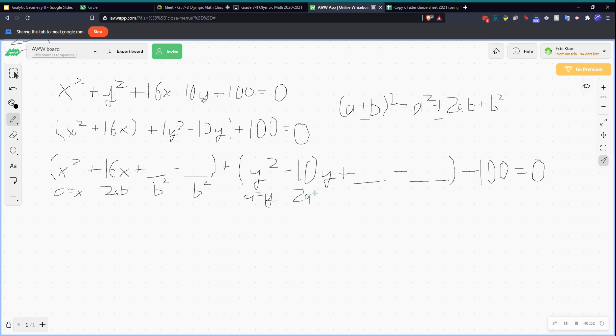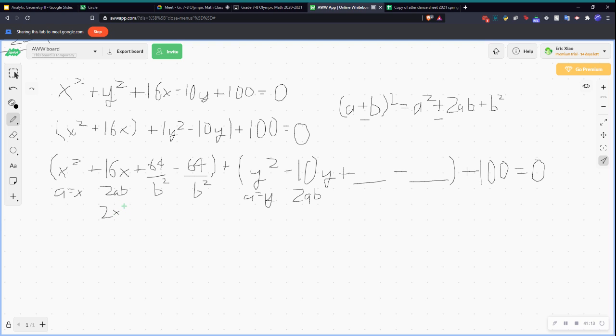Would it be positive 64 and negative 64? That's correct. So why is that? Let's look at it. We have a is equal to x, right? And so we have 2ab, and we just substitute x for a there, we just get 2xb.